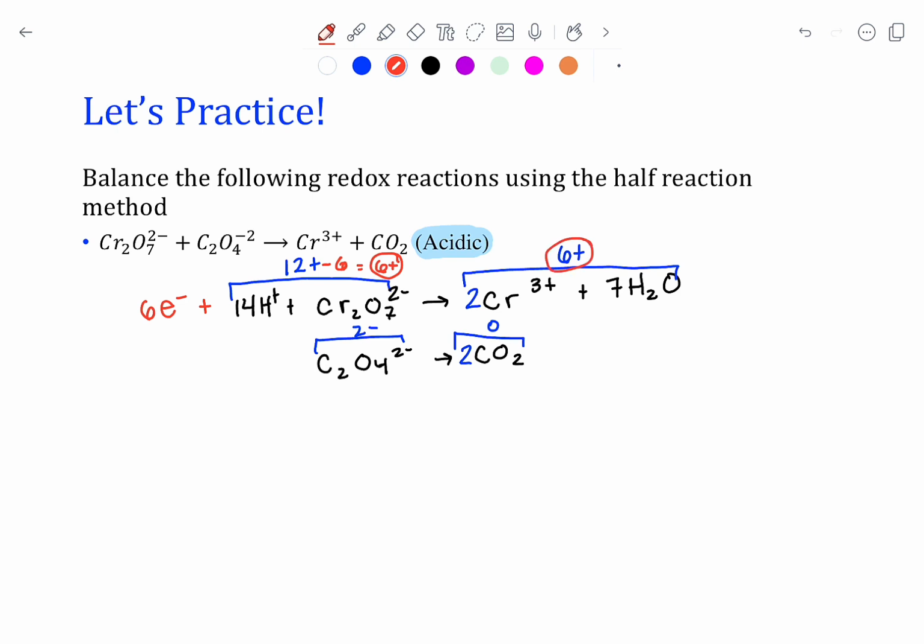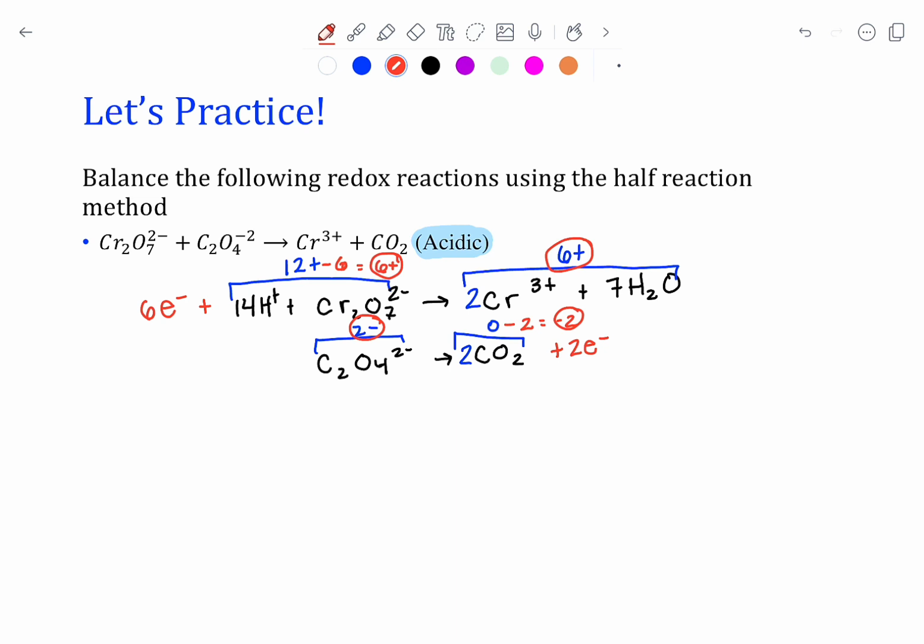In my second equation, I'm going to add my 2 electrons to my product side to account for the 2- in my reactant side. So 0 minus 2 gives me a -2. So we have -2 and -2. Okay. So now that we have our charges balanced in our individual equations, we now have to multiply either one or both equations in order for the number of electrons to be the same.